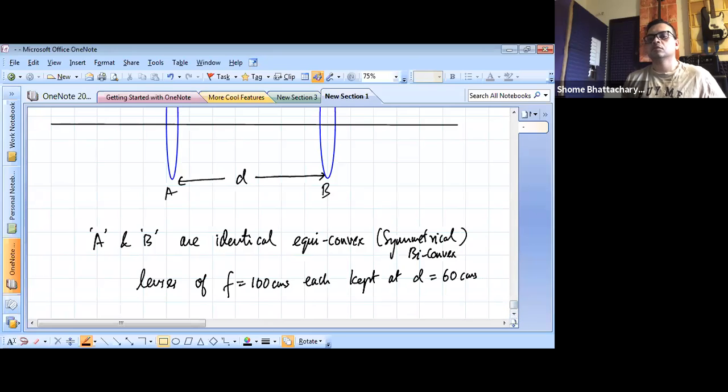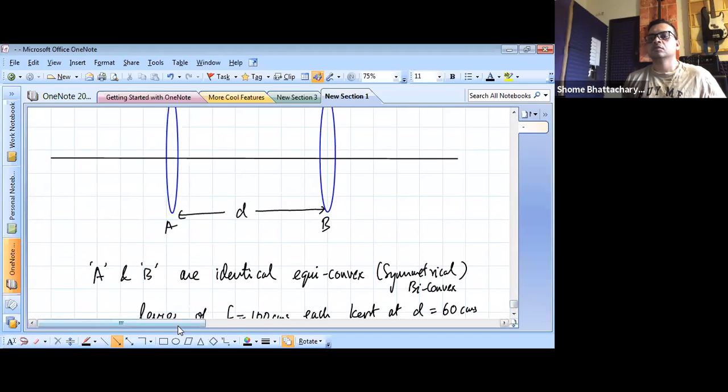Now we have an object like this over here, an extended object kept over here.